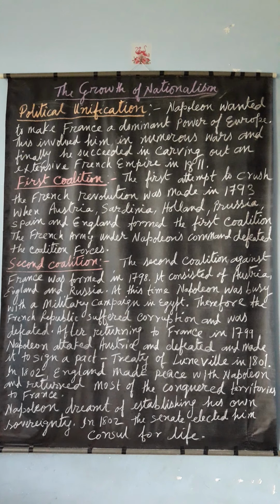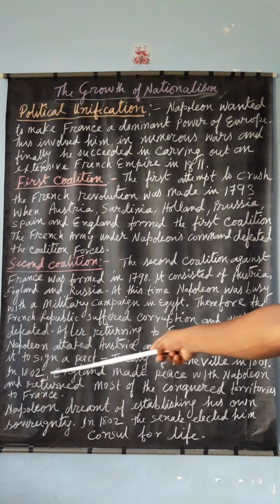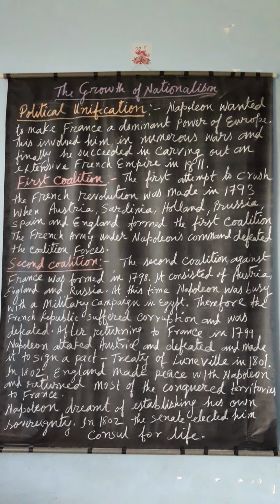But when Napoleon returned to France, first he attacked Austria, defeated it and made it sign a pact called the Treaty of Unification in 1801. In 1802, England made peace with Napoleon and returned most of the conquered territories to France.